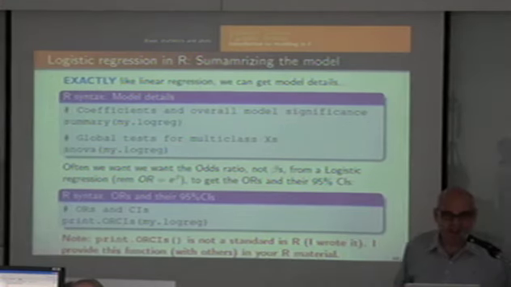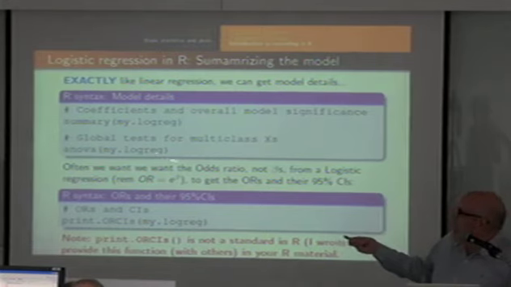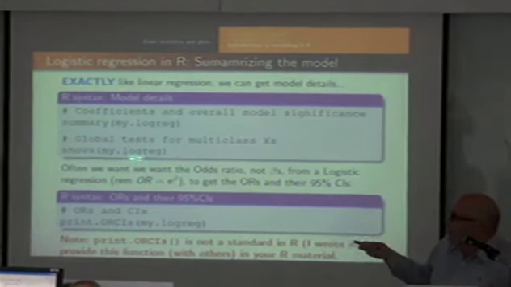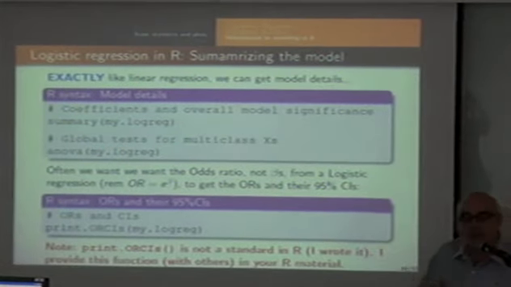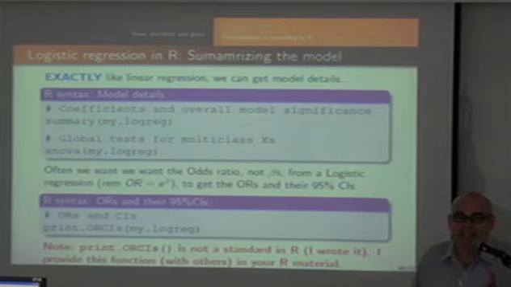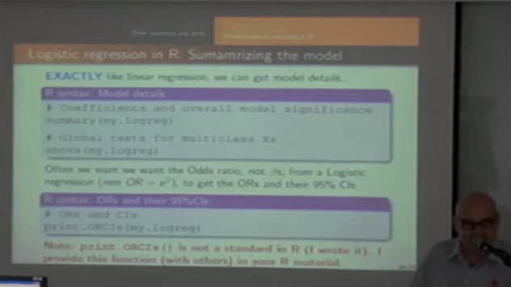The log odds. We don't like to interpret log odds. To do the global test, again, if I have a multi-category variable, I want to run this. But, and this is where R isn't so nice, it's just going to give me the betas. I don't want the betas, I want the odds ratios.